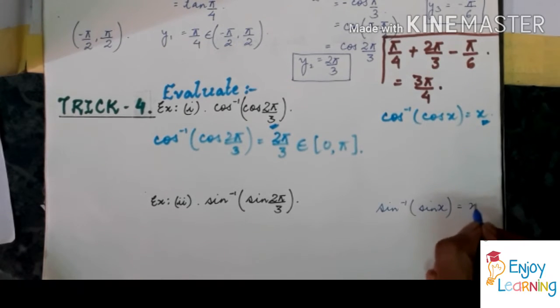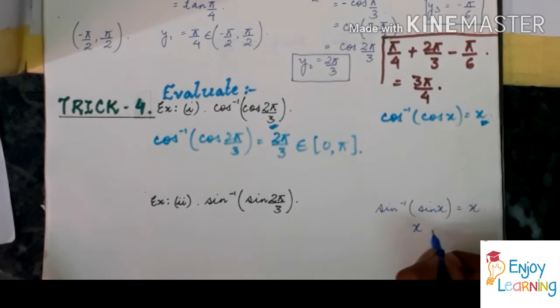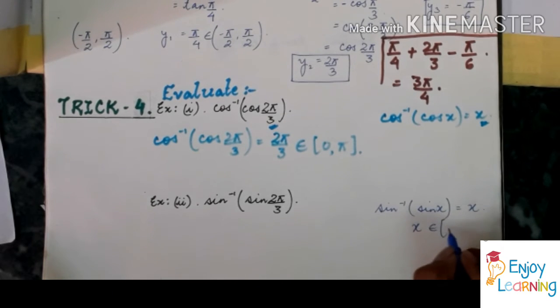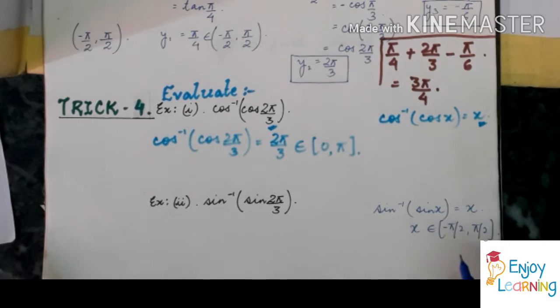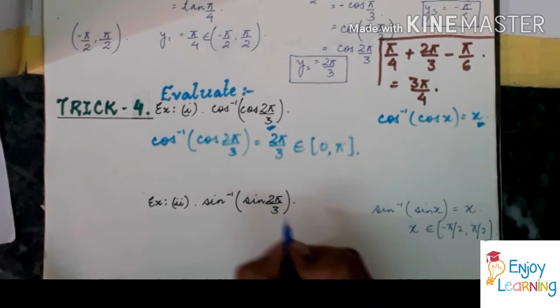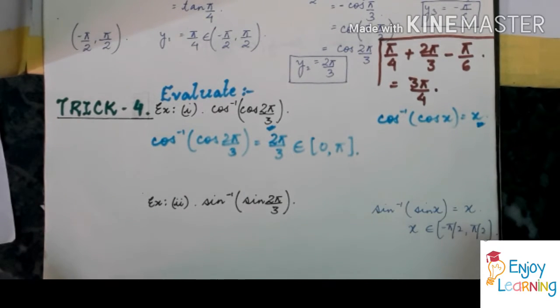Sine inverse sine x is equal to x. But in this property, x should lie in between minus pi by 2 to plus pi by 2. So does 2 pi by 3 lie in this range? Let's check. Is 2 pi by 3 greater than pi by 2 or less than pi by 2?